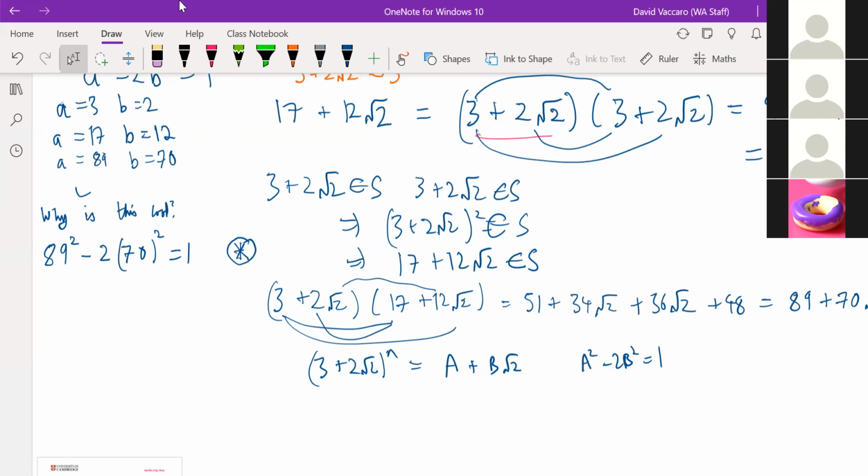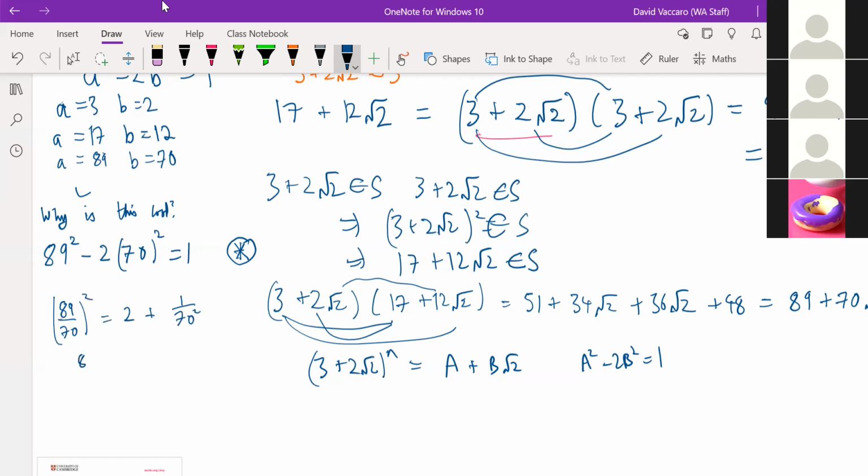This type of observation came up exactly on a math paper. I'll have a look at the year it came up. But what happens if I divide by 70 squared? If I rearrange this slightly, I get 89 squared over 70 squared is equal to 2 plus 1 over 70 squared.